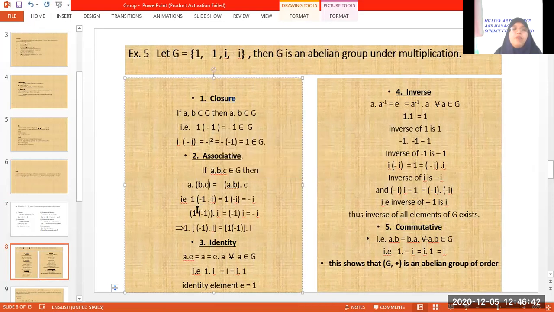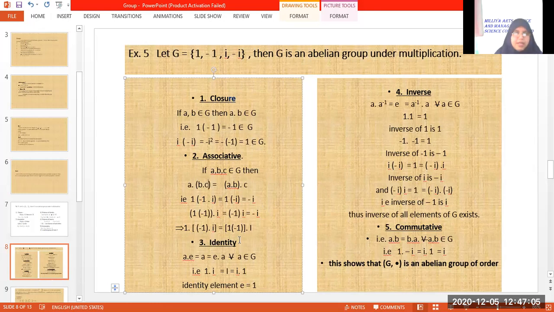Examples of this: 1 into minus 1 into i is equal to 1 into minus i, which is the same as minus i. Minus i is an element of G. And 1 into minus 1 into i is equal to minus 1 into i, which is equal to minus i. This means the associative property is satisfied. Left sides are the same and right sides are also the same.